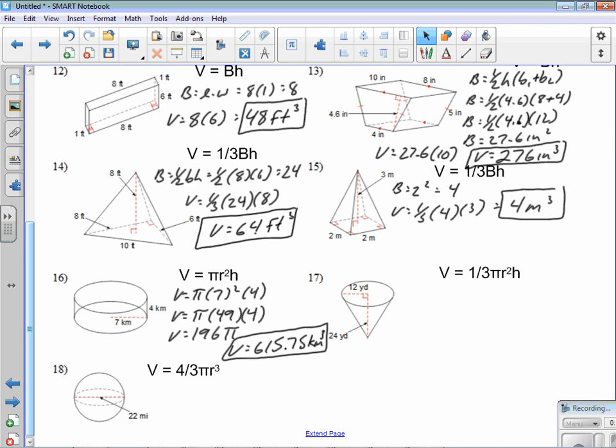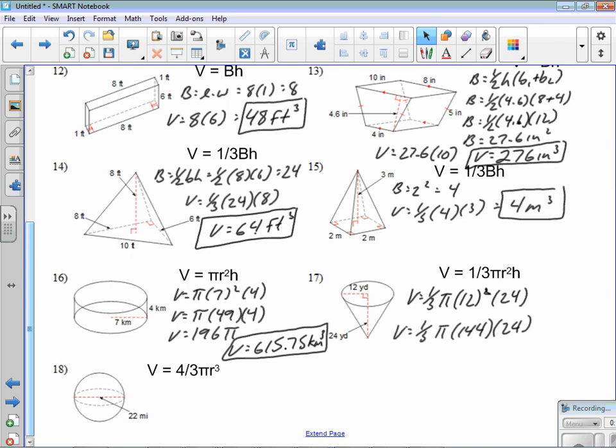17, we have a cone. It follows the formula, volume equals 1/3 pi r squared h. So volume is going to be 1/3 pi. The radius is 12. It's 12 squared times the height, which is 24. So 1/3 of pi times 144 times 24.